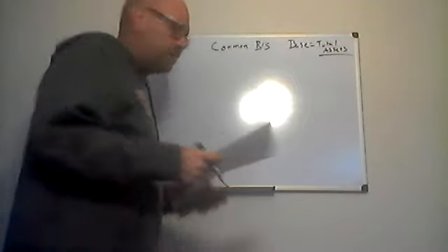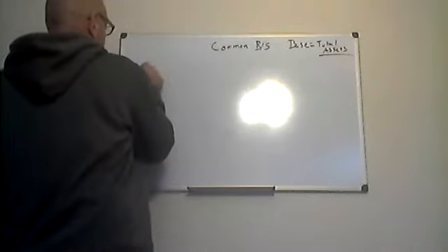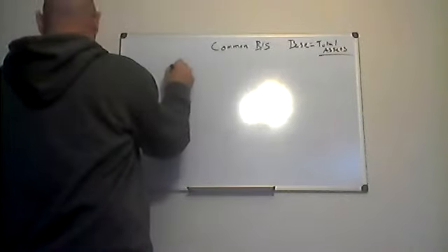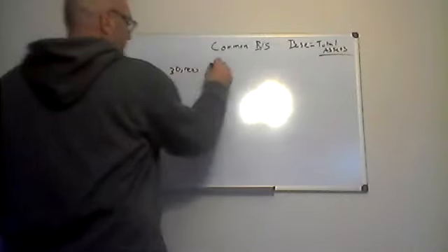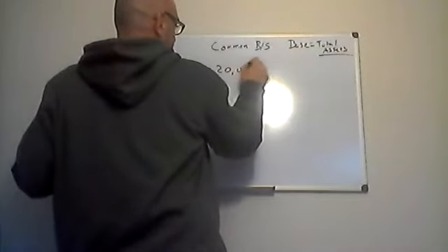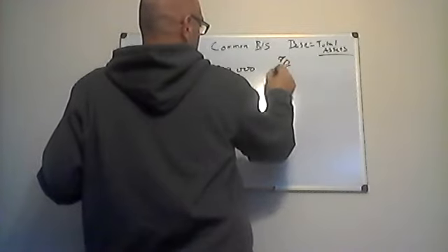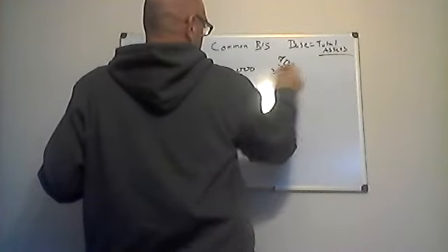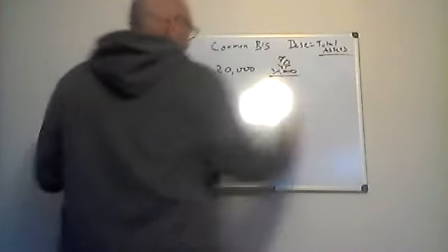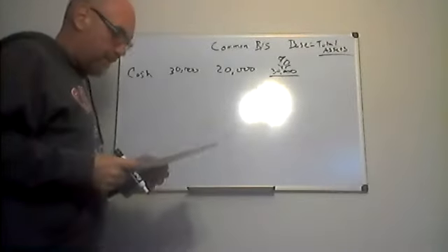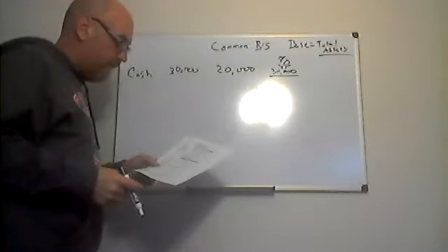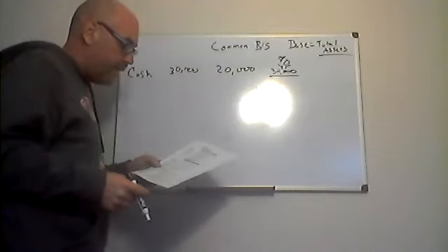Okay, so if we look at our first line up here, we have cash, 30,000 and 20,000. So our percent for year one is going to be our 30,000. We're going to divide by the total assets. So you have to go down to the bottom of your sheet that's highlighted there in black.